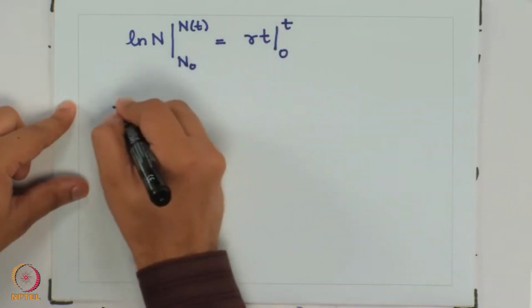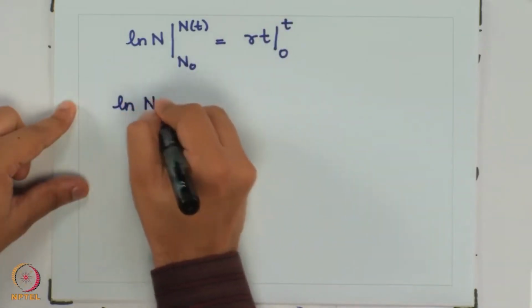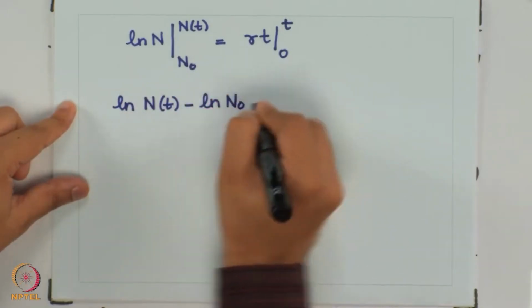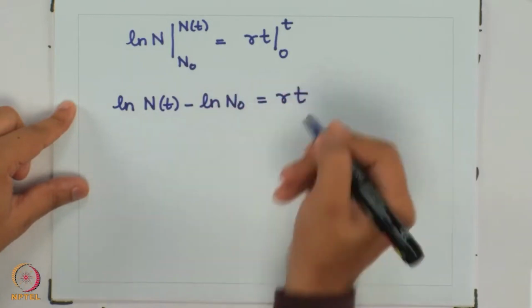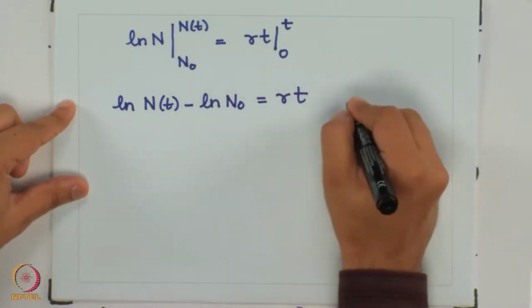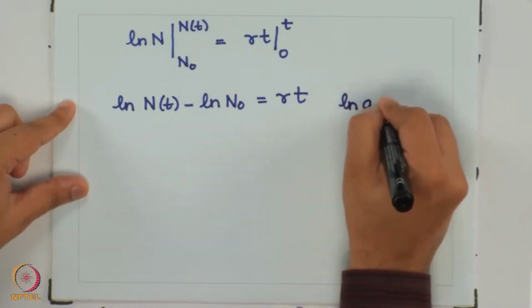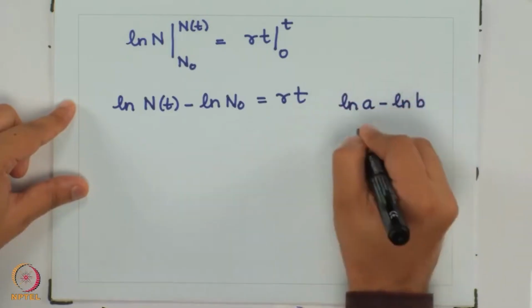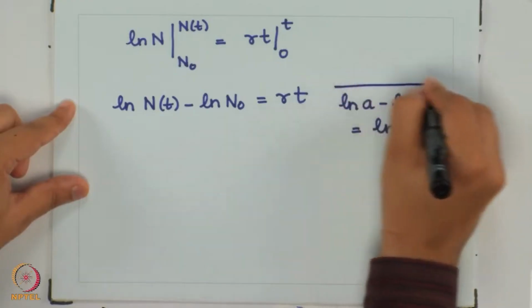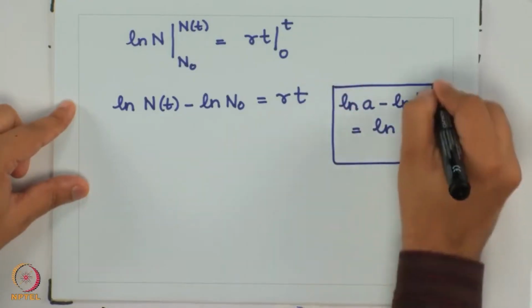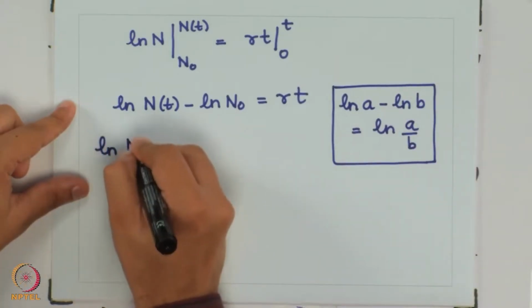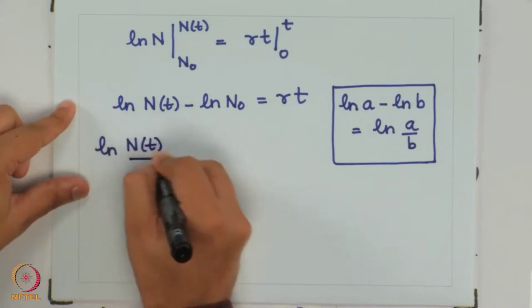I plug the limits in, after which I get ln of nt minus ln of n naught equals rt, and I am going to use a very basic result from logarithms, which is that ln of a minus ln of b can be written as ln of a by b.